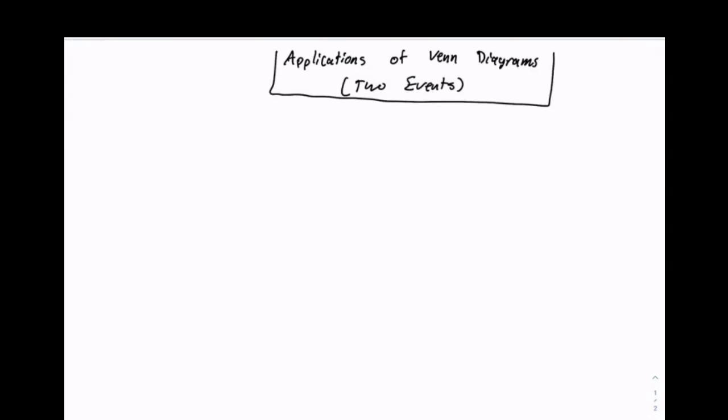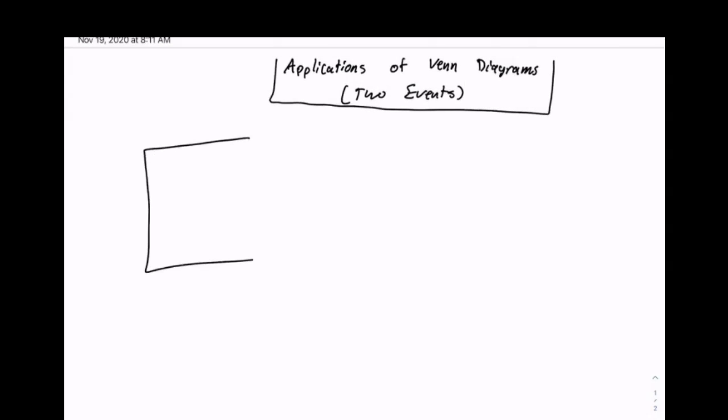So there's two ways that we can do these Venn diagrams. We can say something like, we have this Venn diagram right here, and we can say that these are sunroofs, and this is air conditioning.